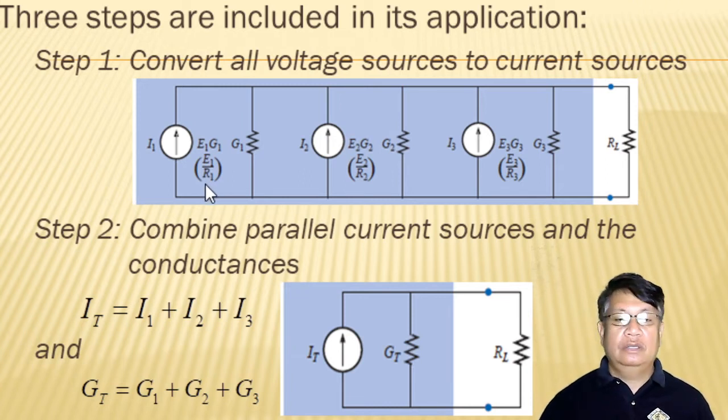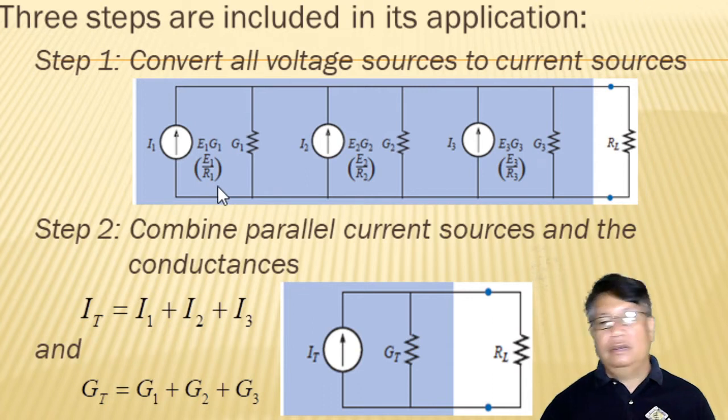And 1 over R sub 1 is equal to the conductance G sub 1. So your current I sub 1 is equal to either E sub 1 times G sub 1, the conductance, or E sub 1 divided by R sub 1. I will repeat that 1 over R sub 1 is equal to G sub 1, which is your conductance.